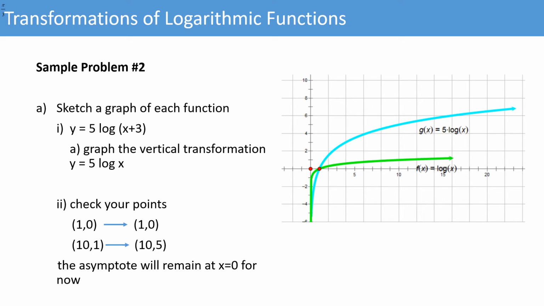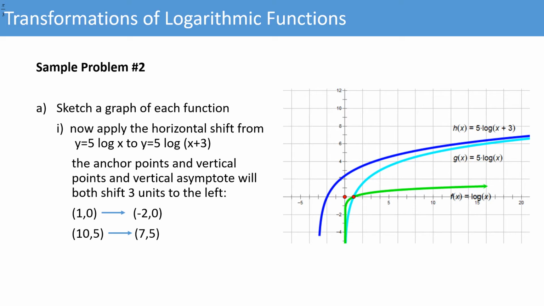The asymptote then, for now, will still be x equal to 0. Now apply the horizontal shift of plus 3, shown now in the blue. So what has happened? The anchor points and the vertical asymptote have all shifted 3 units to the left. So (1, 0) has become (negative 2, 0), and (10, 5) becomes (7, 5).